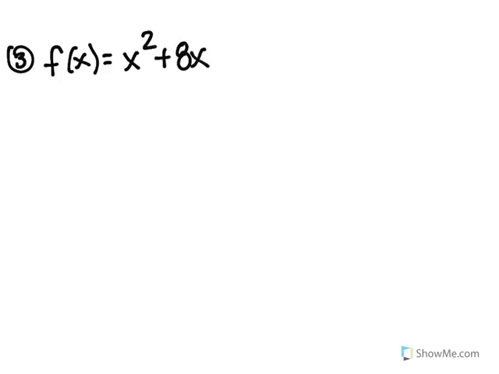Example 3. F of x equals x squared plus 8x plus 7. Now, this is the second form for our parabolas.